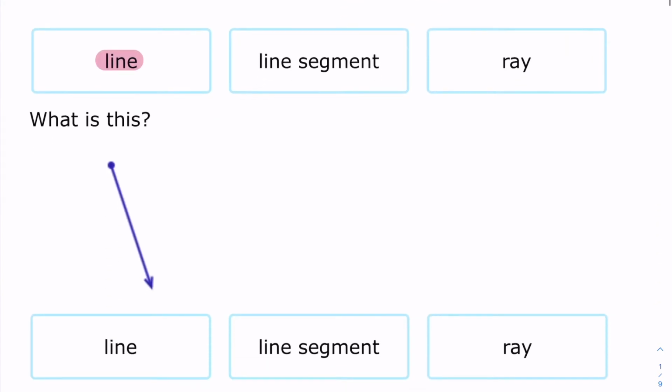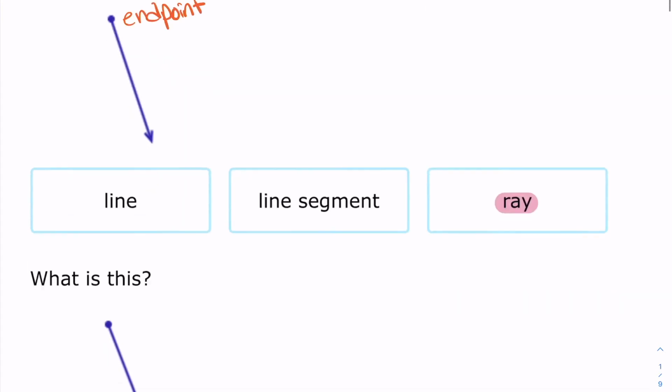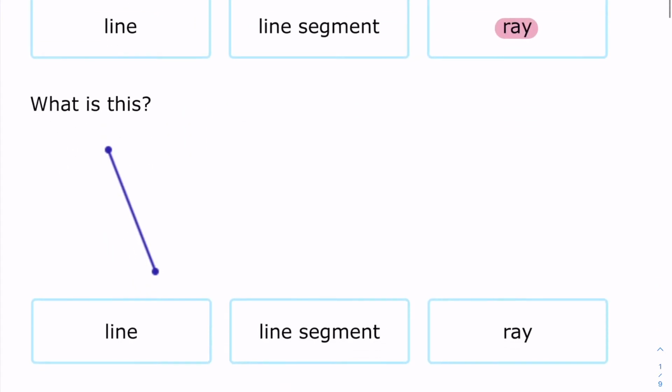This one is a ray because it has one endpoint, which is right here, and then it goes on forever in one direction. This next one is a line segment because we have an endpoint here and an endpoint here, and that makes it not a line, not a ray, but a line segment.